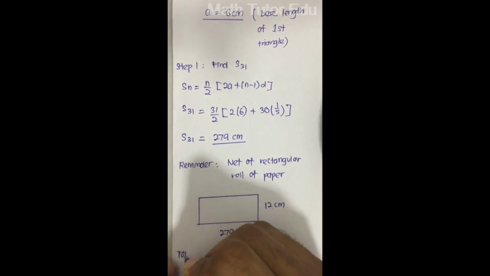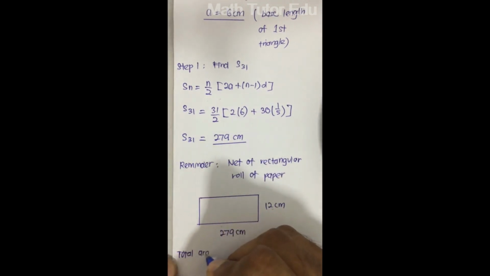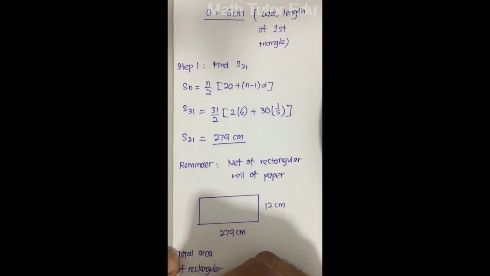So from here, the total area of rectangular roll of paper. In this case we write it in terms of area, A31. Why 31?